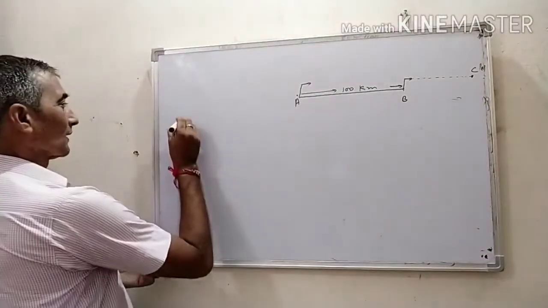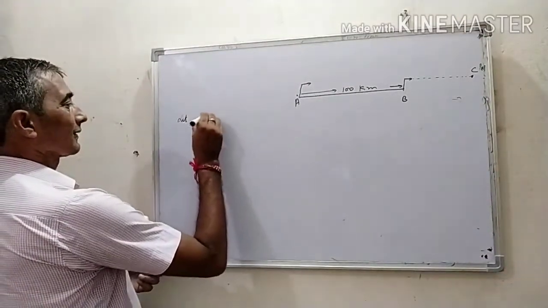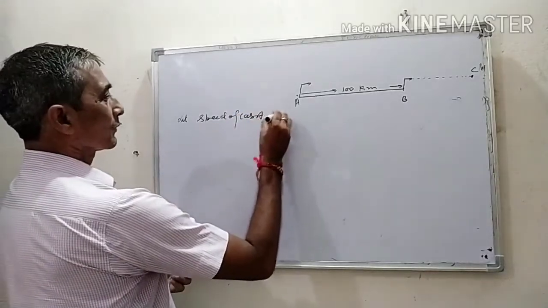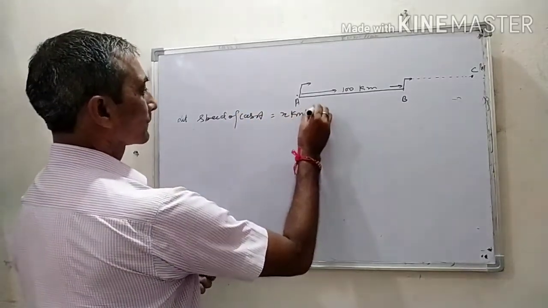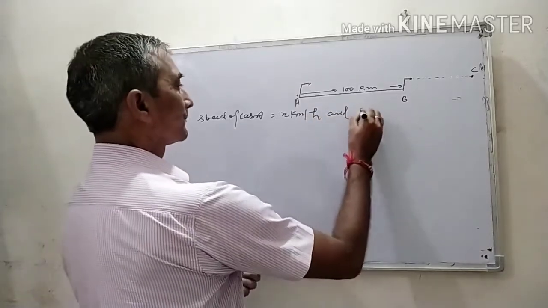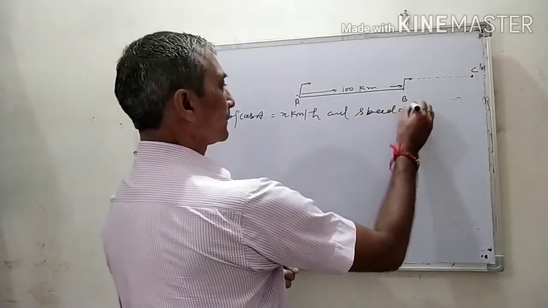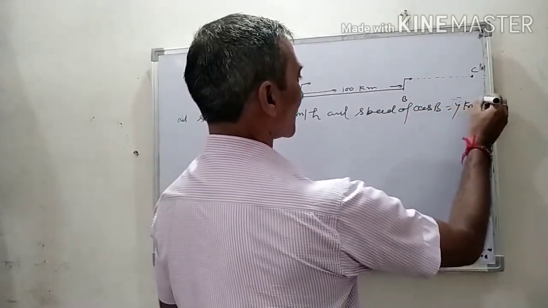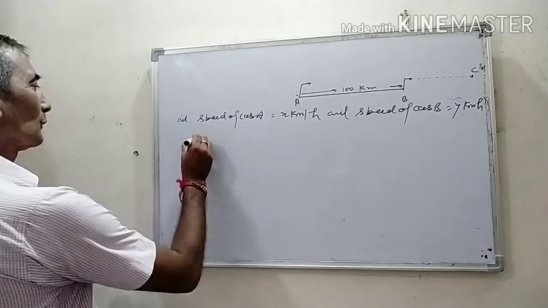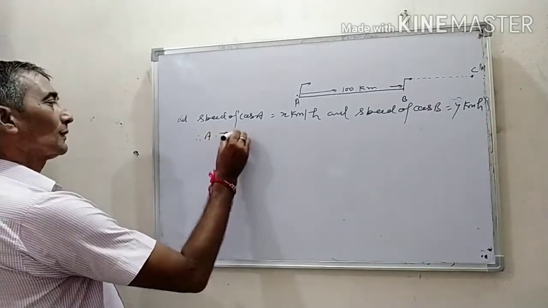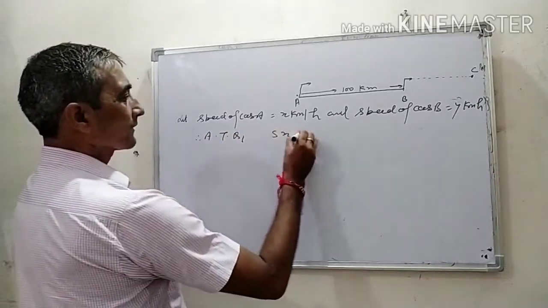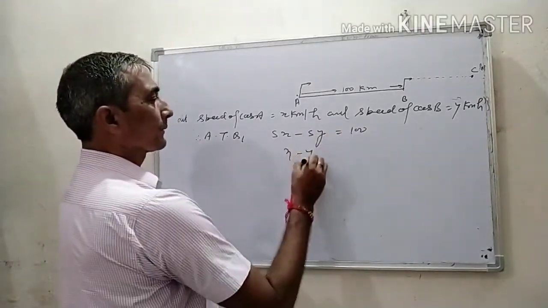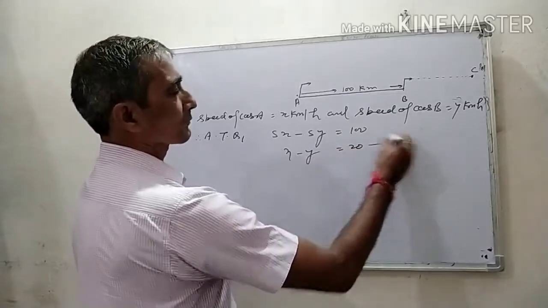So let us consider, let the speed of car A equal x km per hour and the speed of car B equal y km per hour. Therefore, ATQ1: 5x minus 5y equal to 100. Now x minus y equal to 20, the first equation.